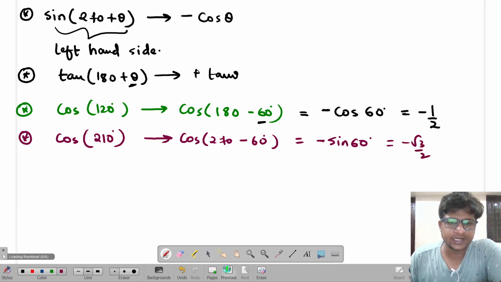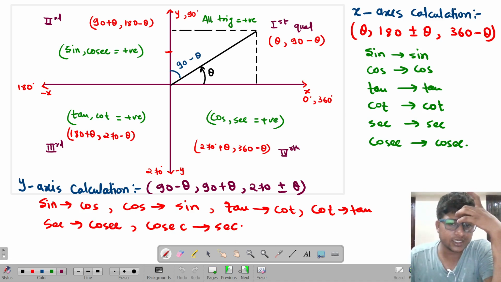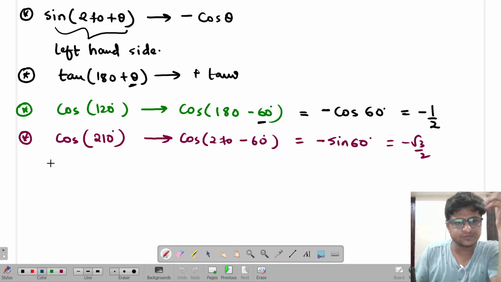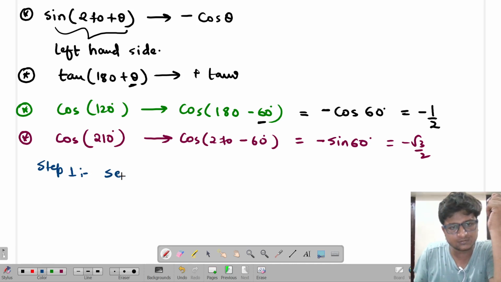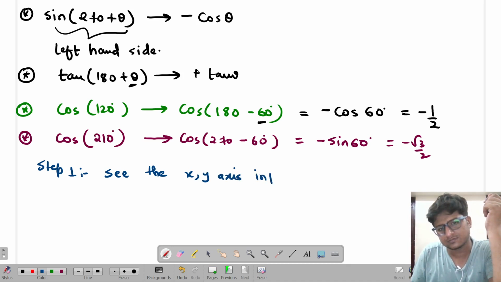So this is the idea. You have to follow which axis rule? The x-axis and y-axis rule. And then quadrant. What are our steps? Step 1: see the x or y axis interchange.